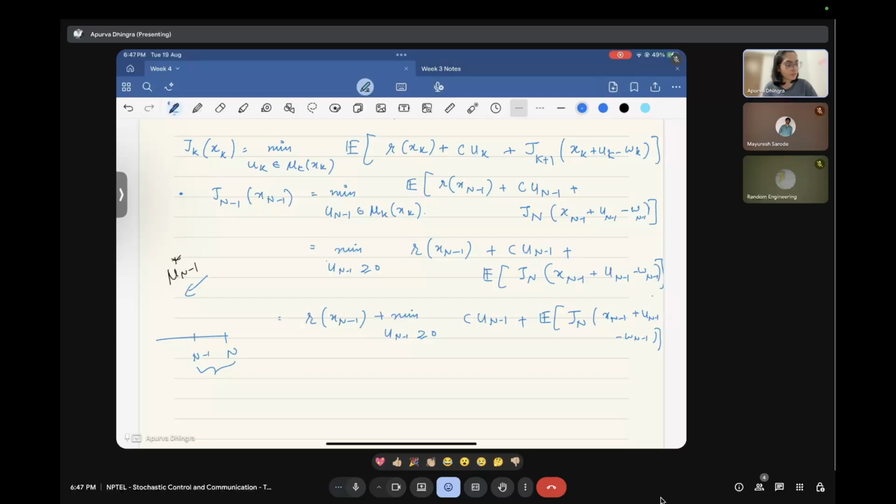Of course, if the way our problem was defined, the R had some dependence on U and W and so on, then we'd have to keep it inside the expectation, and we'd also have to keep it inside the optimization that is being done. But here that's not the case, so we could just take it outside.